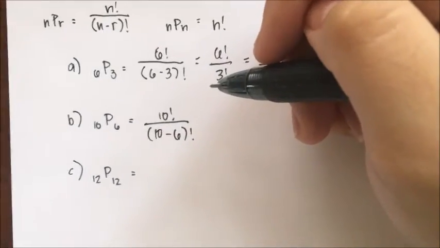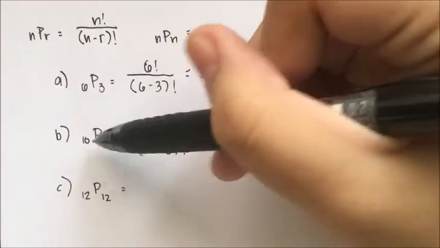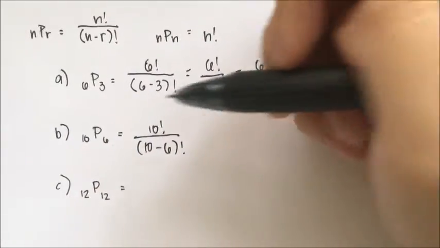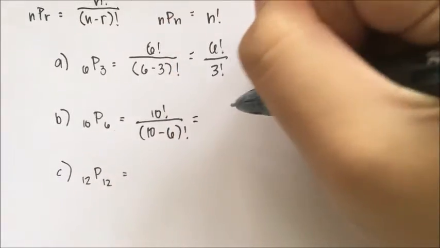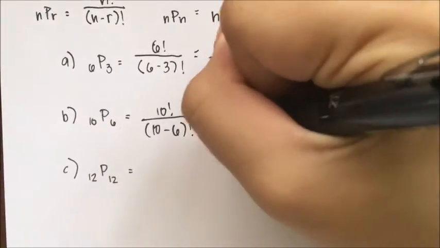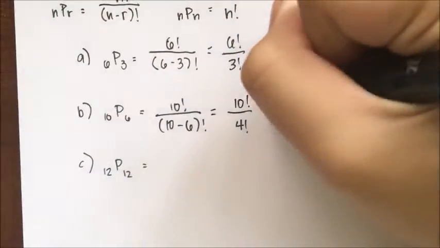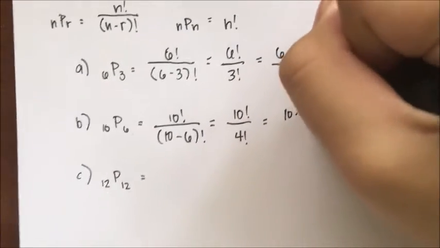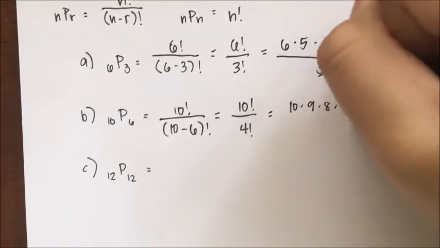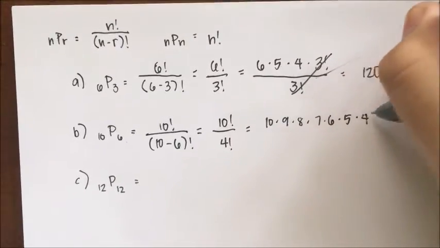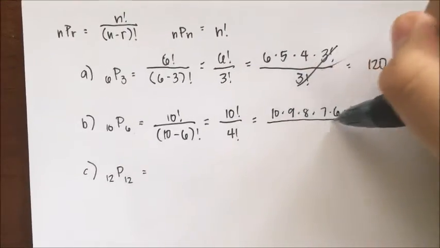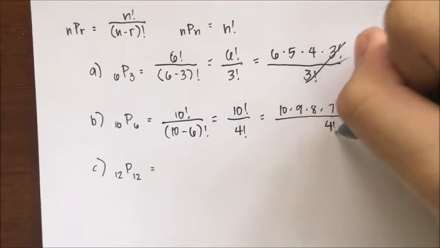Now for letter B, permutation of 10 taken 6 at a time. So 10 factorial over 10 minus 6 factorial equals 10 factorial over 4 factorial equals 10 times 9 times 8 times 7 times 6 times 5 times 4 factorial over 4 factorial.